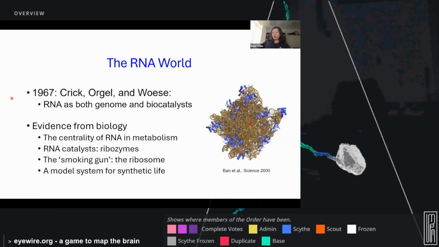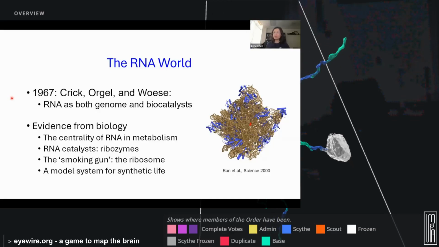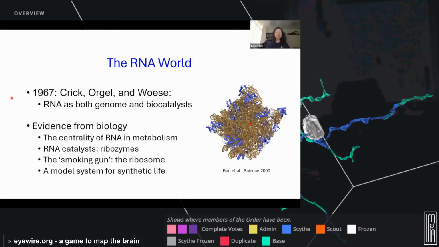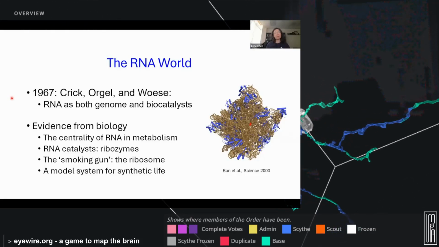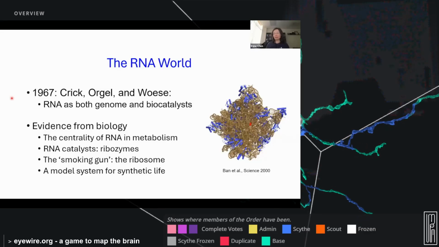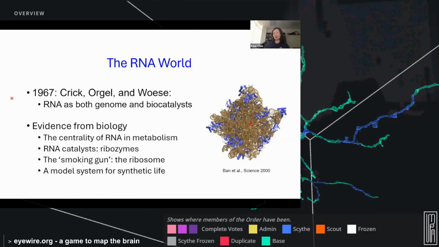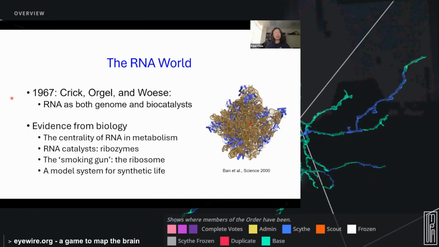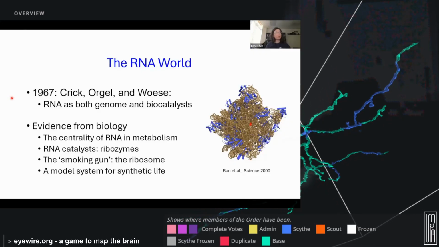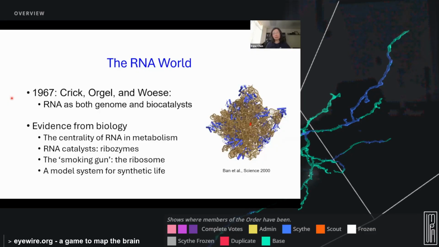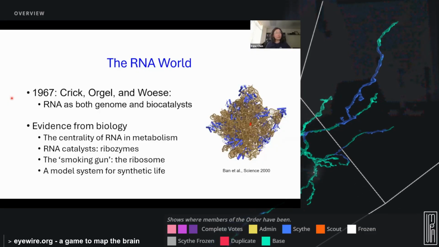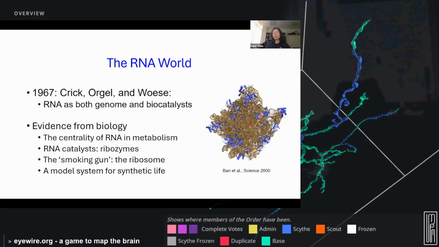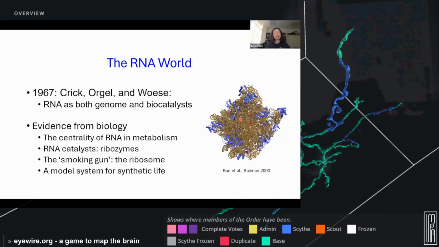Then there's a variety of circumstantial evidence that people point to as supporting the idea of an RNA world. There's how RNA and bits of RNA, especially adenine and ATP, pop up in metabolism, how there are still catalytic RNAs, ribozymes, and how the ribosome itself, which is protein and RNA, has a catalytic center that is really just RNA.